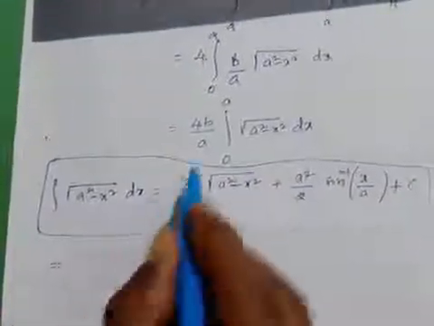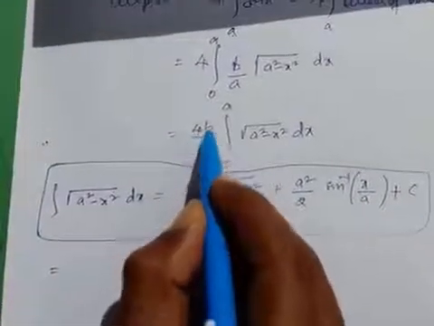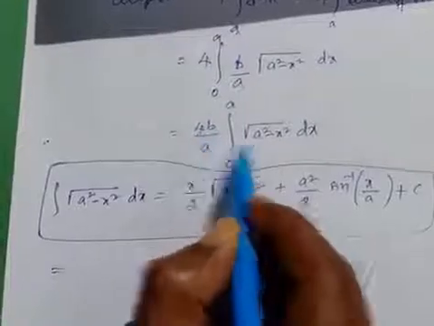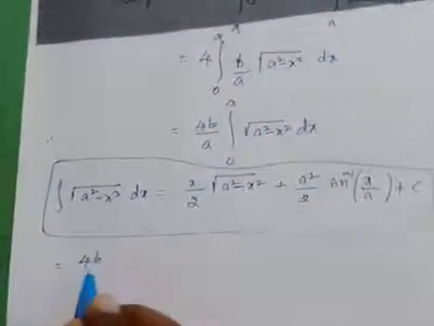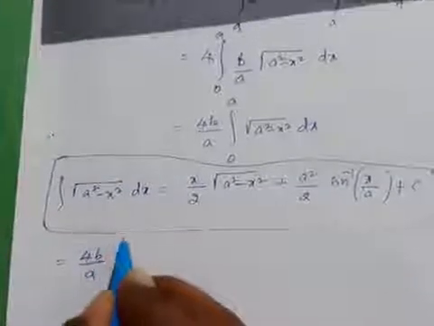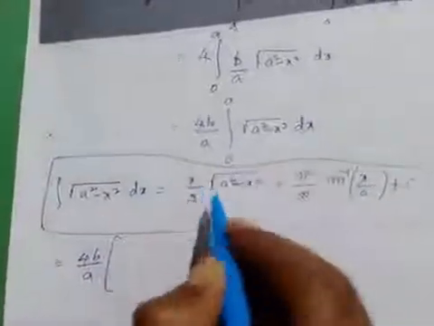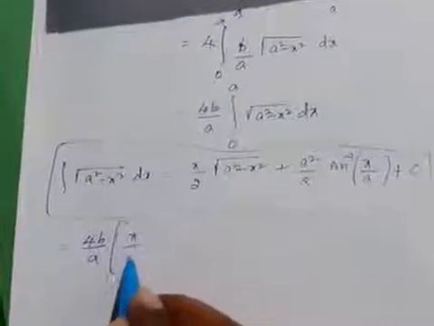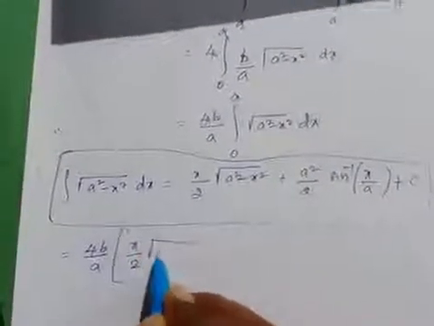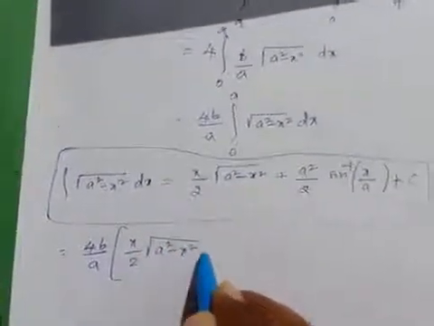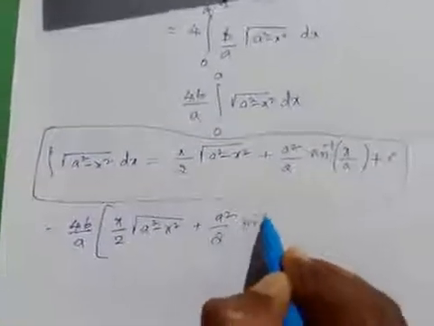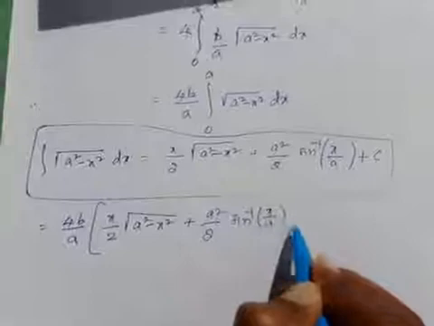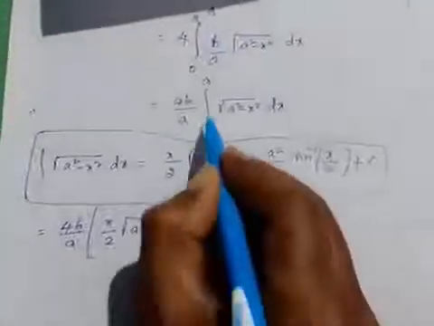First of all, here we have 4b by a. This total is multiplied by 4b by a. So 4b by a times x by 2 under root a square minus x square plus a square by 2 sine inverse of x by a. The limits are 0 to a.